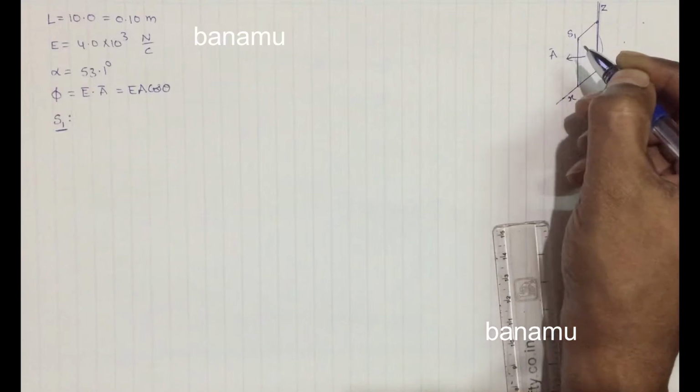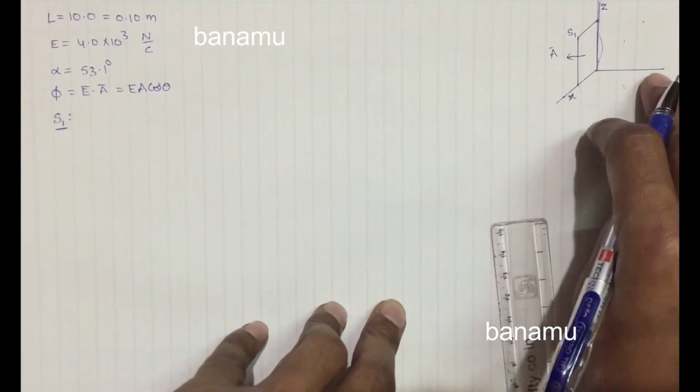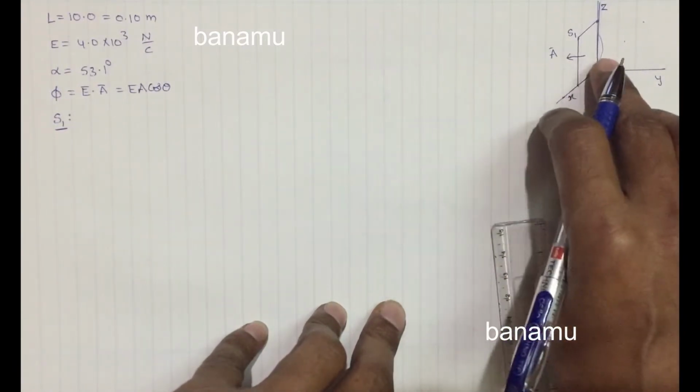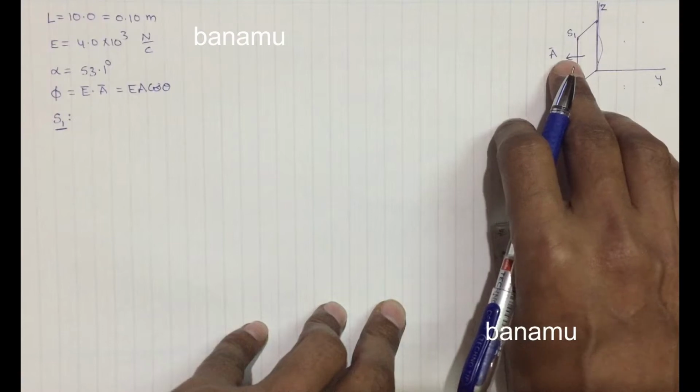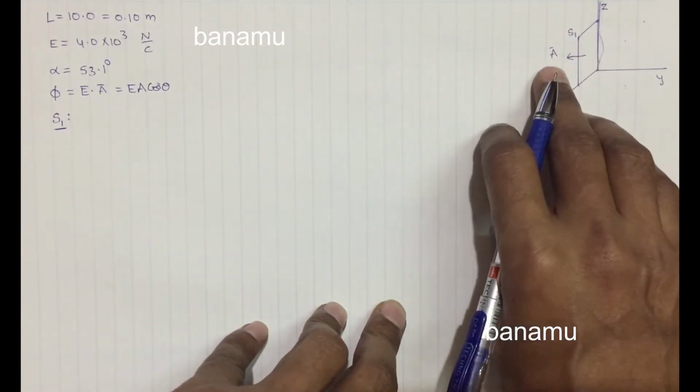This is the area unit normal vector, and it is parallel to the negative y axis.